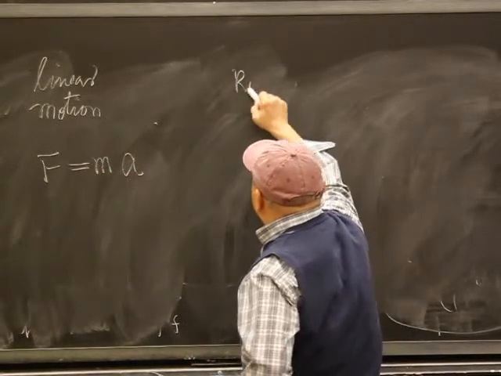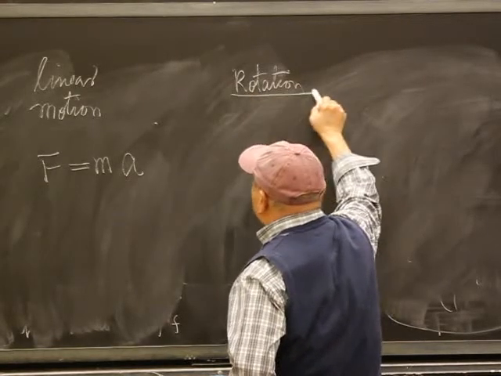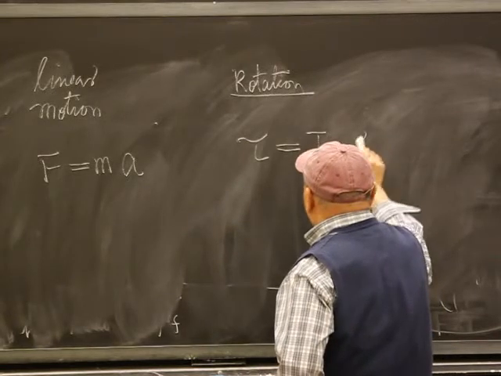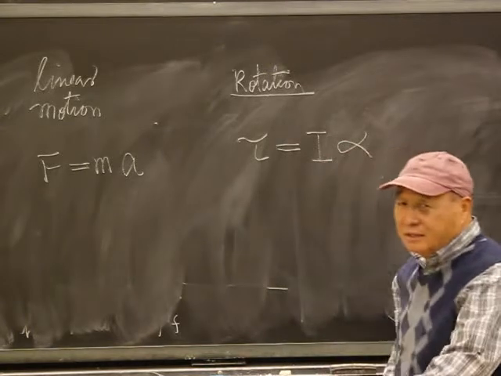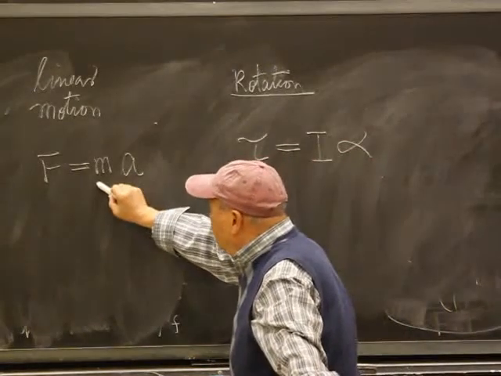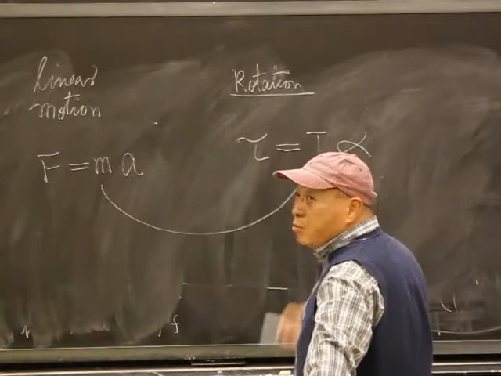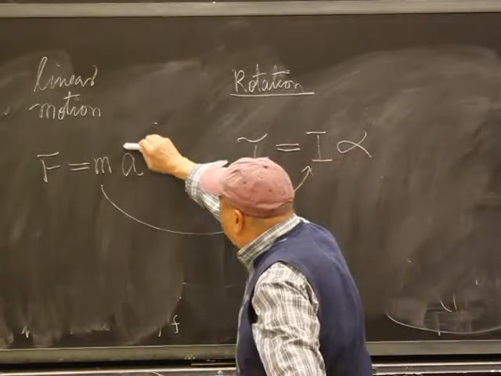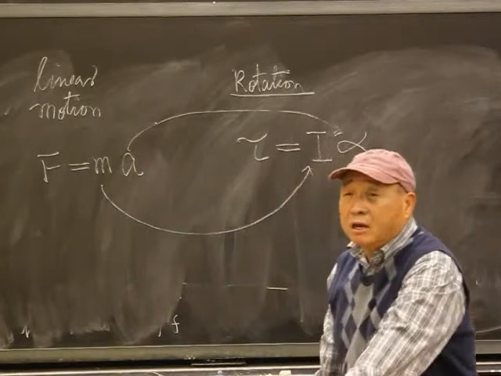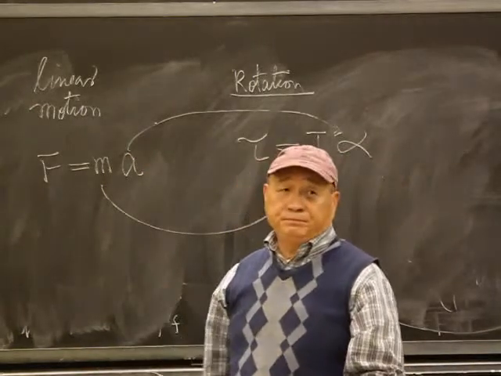Now for rotational motion, very nicely, we have tau equal to I alpha. How nice. So if you look at this, m is equivalent to the moment of inertia I, and linear acceleration is equivalent to the angular acceleration. So all the things are a pair.